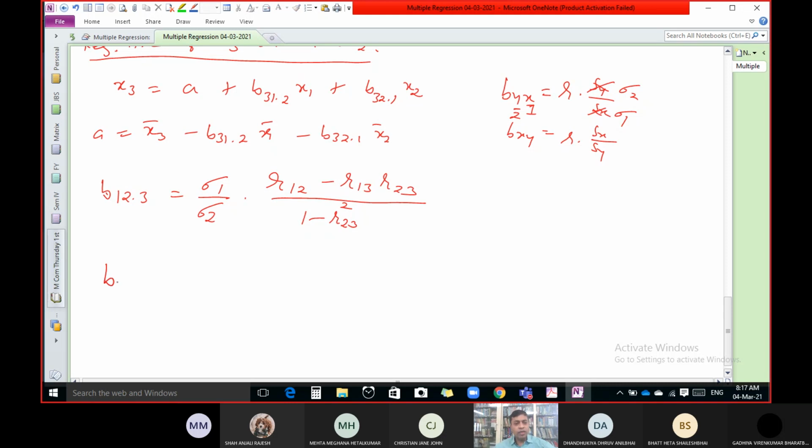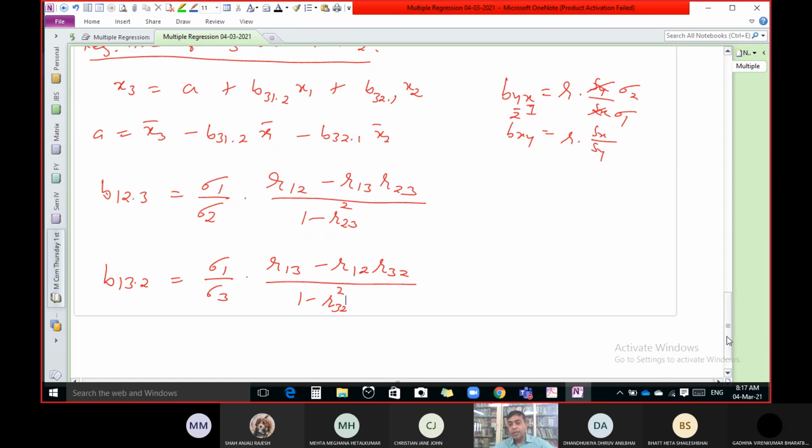So if you want to write the formula of B13.2, it's like this: sigma 1 upon sigma 3 into R13 minus R12 R32 upon 1 minus R32 square.